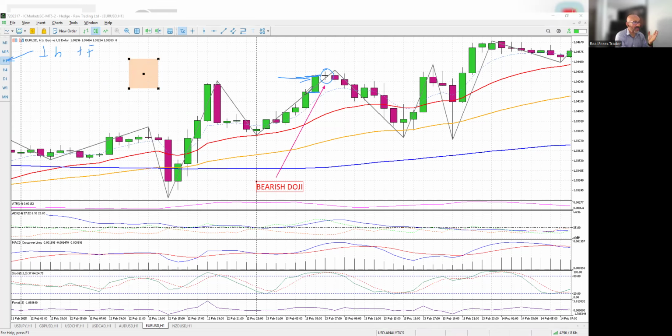So what happens next? I do not trade, and I want to clarify this, I do not trade only candlestick patterns. I need to be very observant of other indicators, other tools that I have in my trading plan.